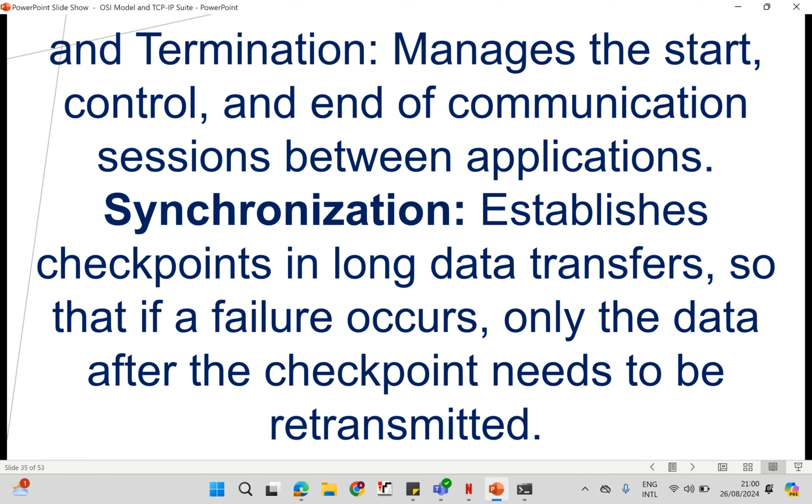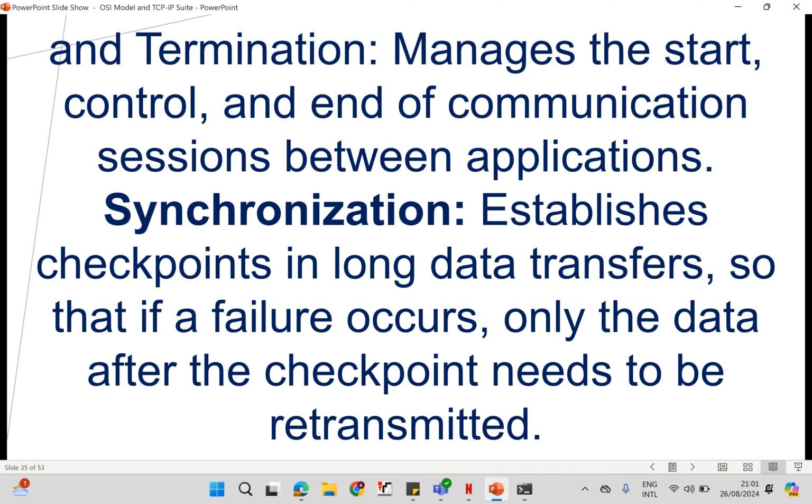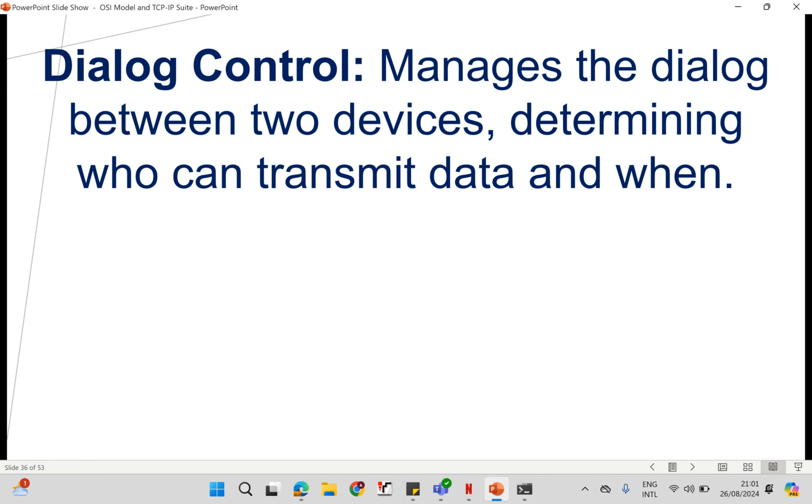He already transmitted hello to you. So the only thing that will be transmitted again is how are you. The layer that handles this is layer 5, which is our session layer. Synchronization. Okay, we'll explain that.